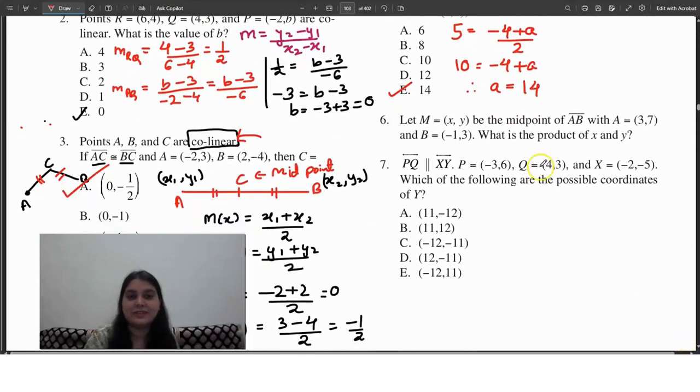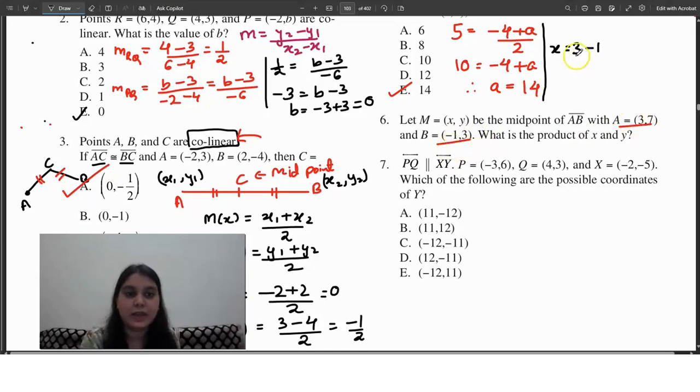Now question number 6. Let M be the midpoint of AB. A is given and B is given. Find the product of x and y. Now we'll find the value of x and y. So x is equal to x1, that is 3, plus x2 by 2.